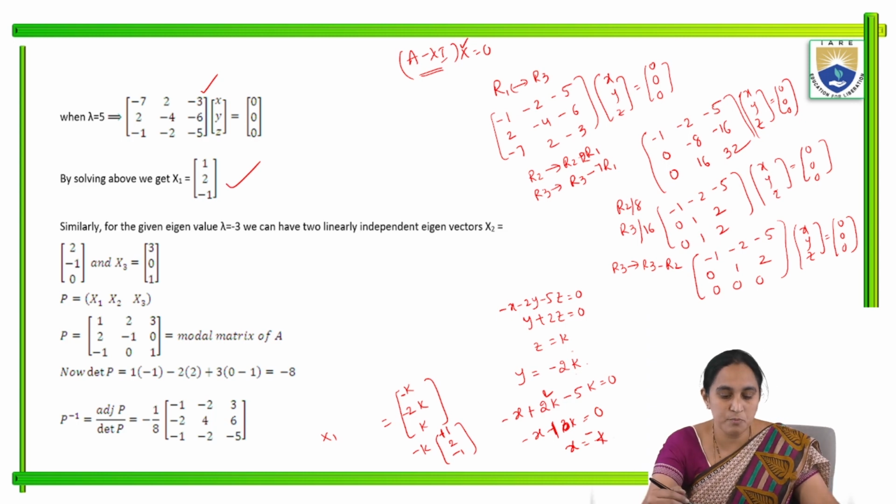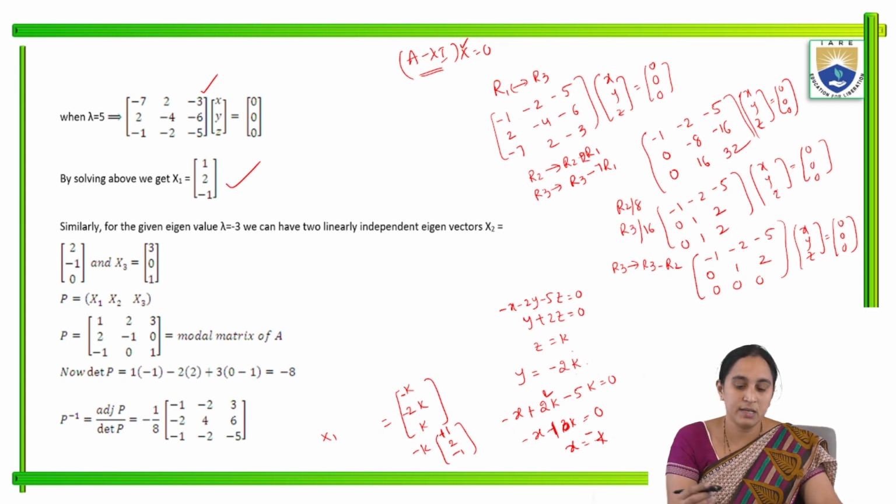For the repeated eigenvalue, in one case only we get two eigenvectors, that is x2 is equal to 2, minus 1, 0 and x3 is equal to 3, 0, 1.